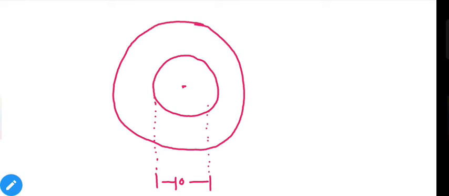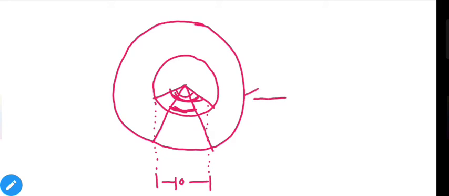If two bonds are present in oxygen, this will be the bond angle, and if two bonds are present in tellurium, this will be the bond angle. Obviously you can see the difference: the bond angle in oxygen is very much higher than the bond angle of tellurium.